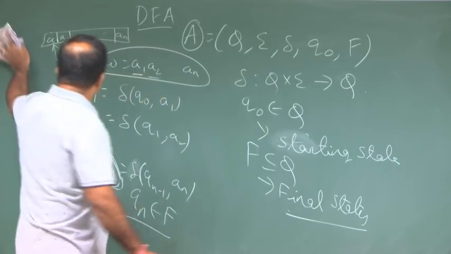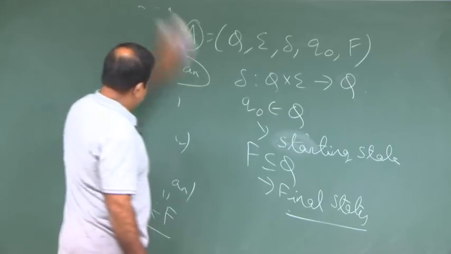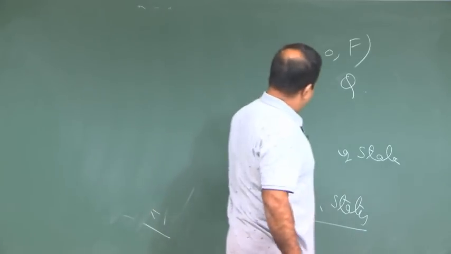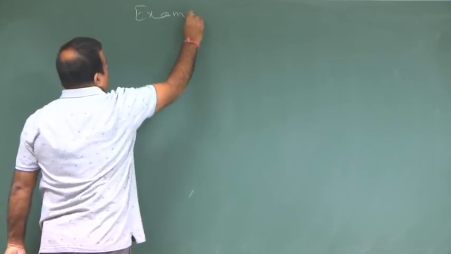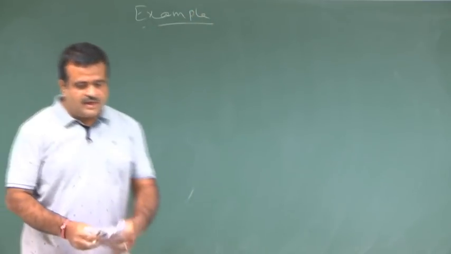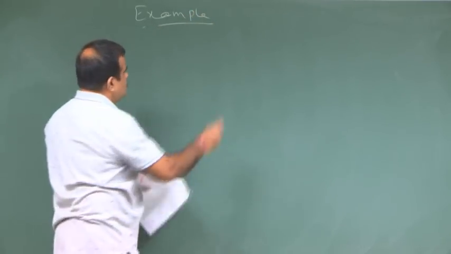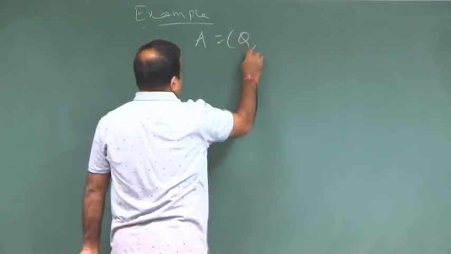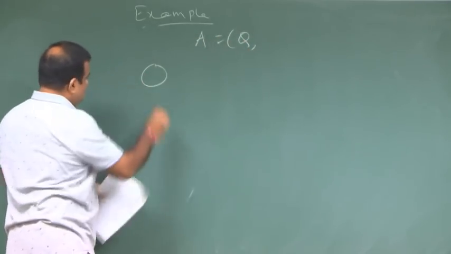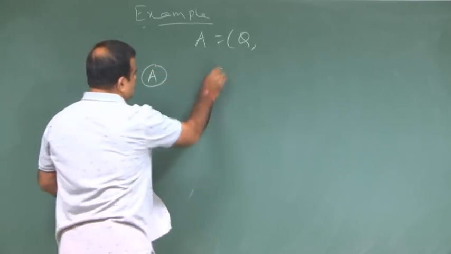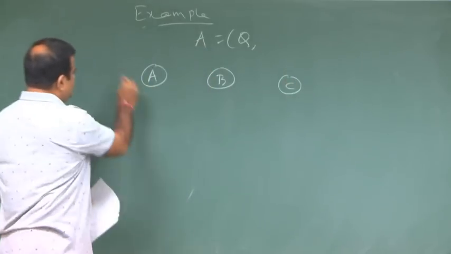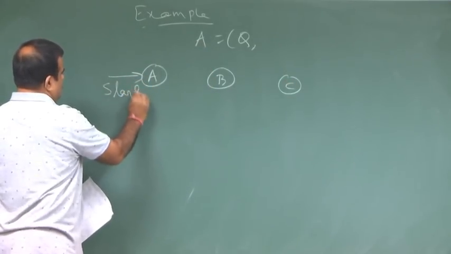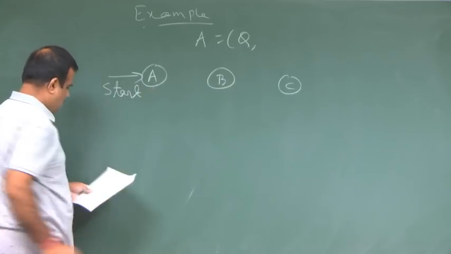So, we take an example. Consider the DFA like this. We have states A, B and C. A is the starting state, our q0.